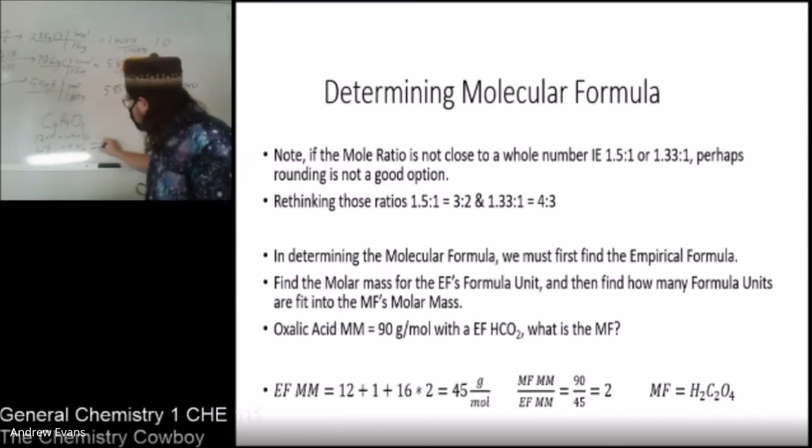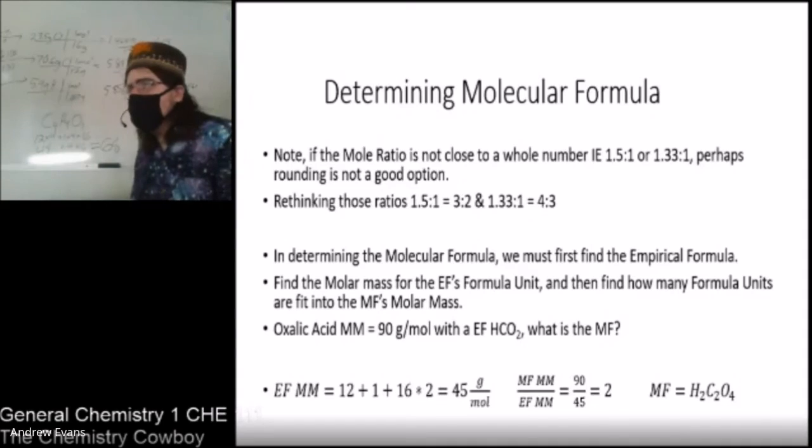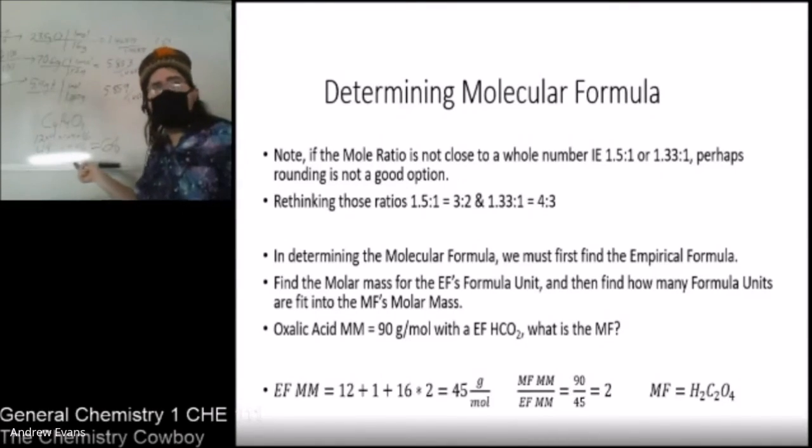So the empirical formula's molar mass of C4H4O is 68. If I gave you the molar mass of that as 68, how many times does 68 go into 68? It would be 1. So the empirical formula and molecular formula are the same.